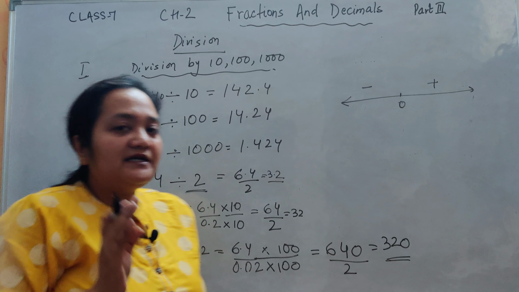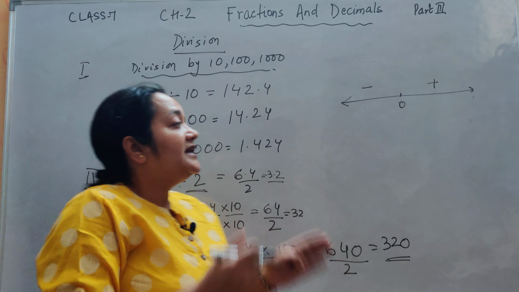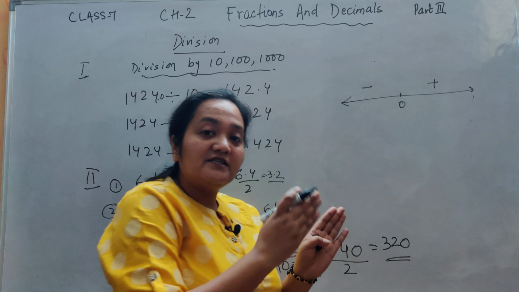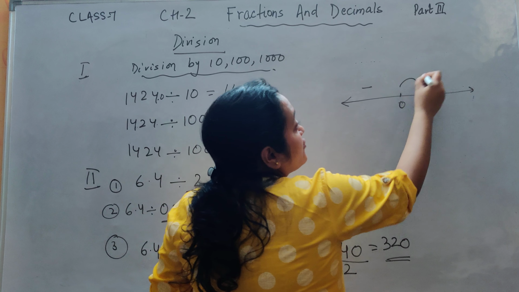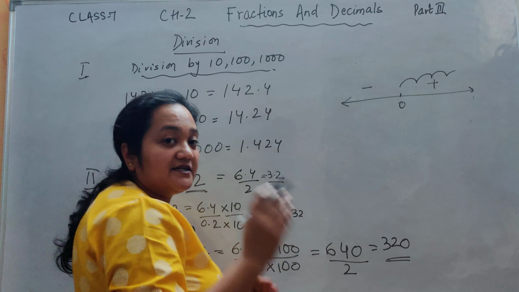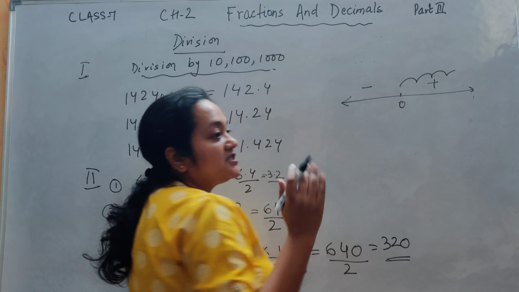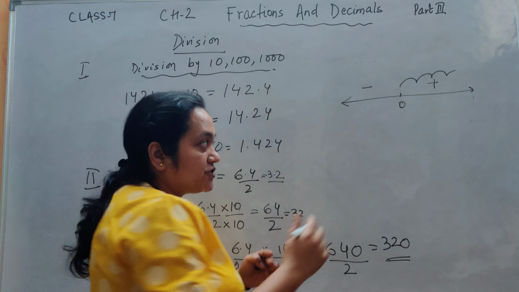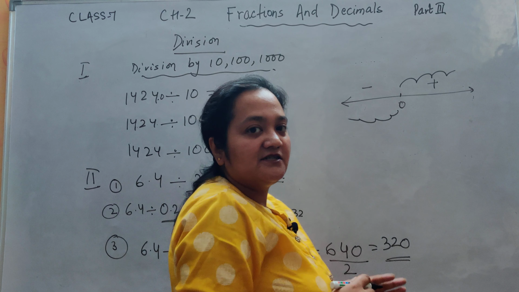You know that multiplication is nothing but repetitive addition. So in case of multiplication with 10, 100 and 1000, keep in mind that the decimal should move towards the right, and in case of division, which is nothing but repetitive subtraction, you have to move the decimal towards the left.